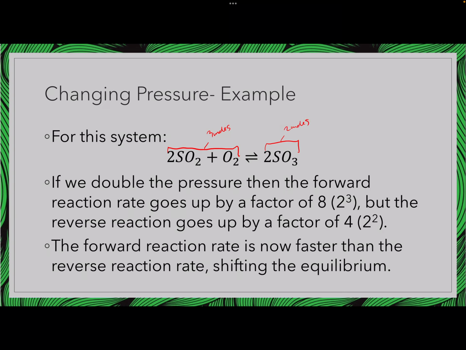And so what we're going to find is that the forward reaction rate goes up by a factor of 8, but the reverse reaction rate goes up by a factor of 4. And so now we have an imbalance in reaction rate. An imbalance in reaction rate means it's not at chemical equilibrium. So the one that's higher is going to slowly decrease, the one that's lower is going to slowly increase until we get that equal reaction rate again. Okay.